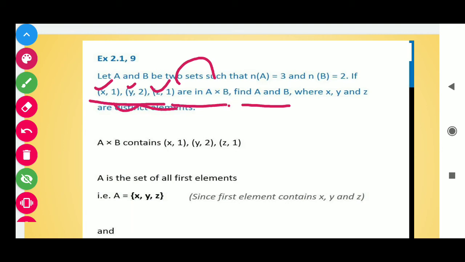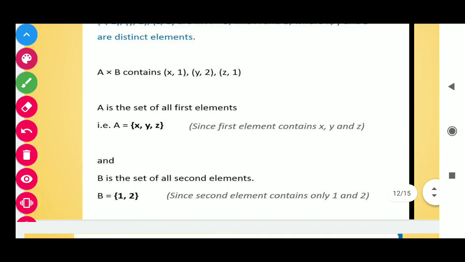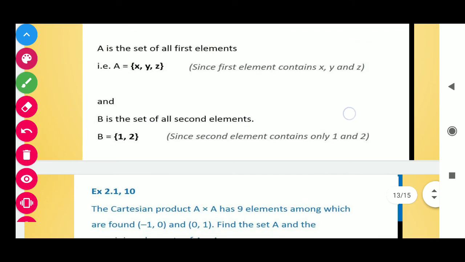Very simple question. Here A set contains x, y, z and B set contains 1, 2.